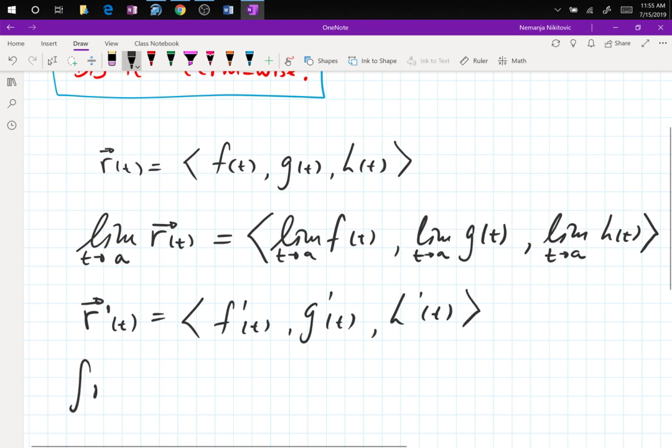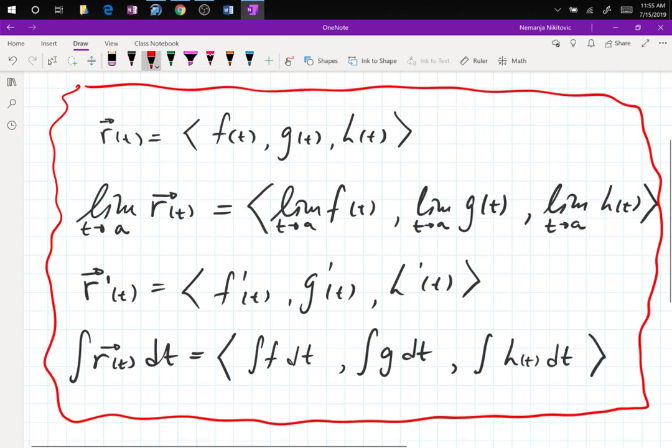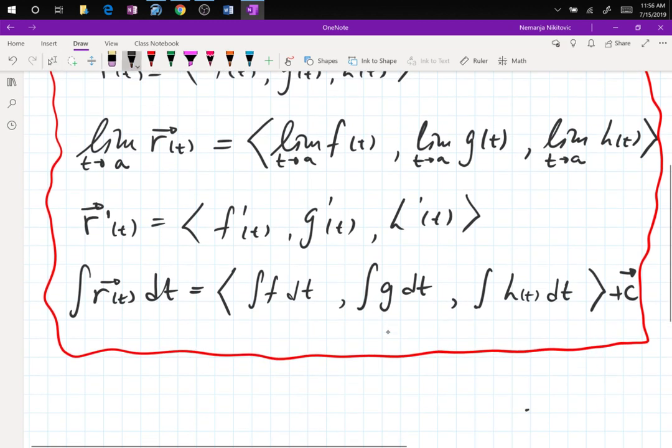And if you need to integrate r of t dt, it will be the integral of f dt, the integral of g dt, and the integral of h of t dt. Oh, I forgot plus c as a vector. Make sure you have this plus c as a vector at the end. It's not there for decoration. We need that.